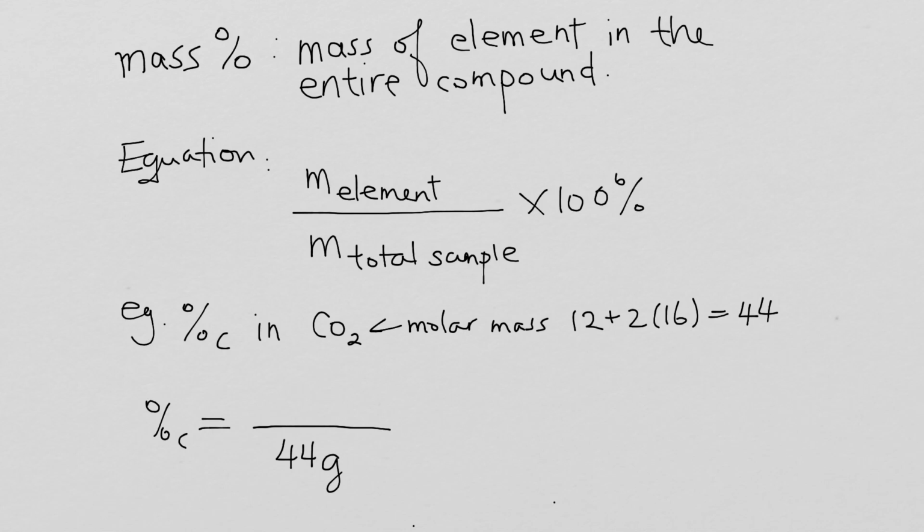And then you go on the top. You're going to write down the mass of carbon inside carbon dioxide. And because there's only one carbon, it only takes up 12 grams. So when we're writing this, it means that carbon takes up 12 grams out of 44 grams.